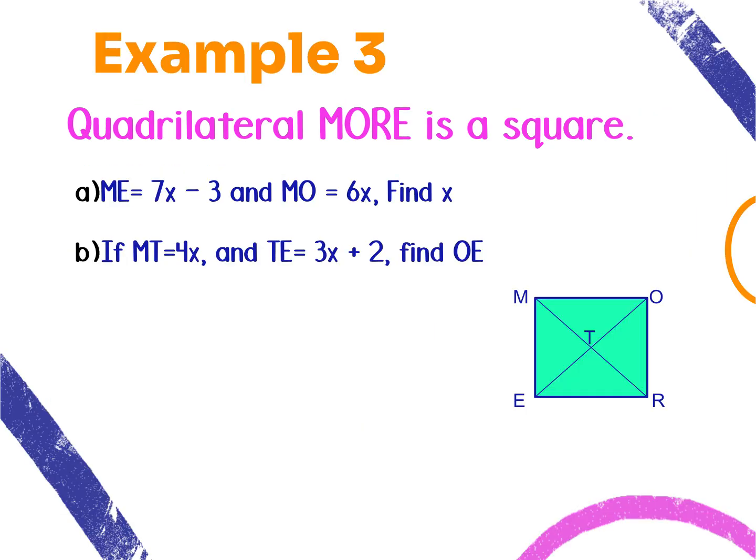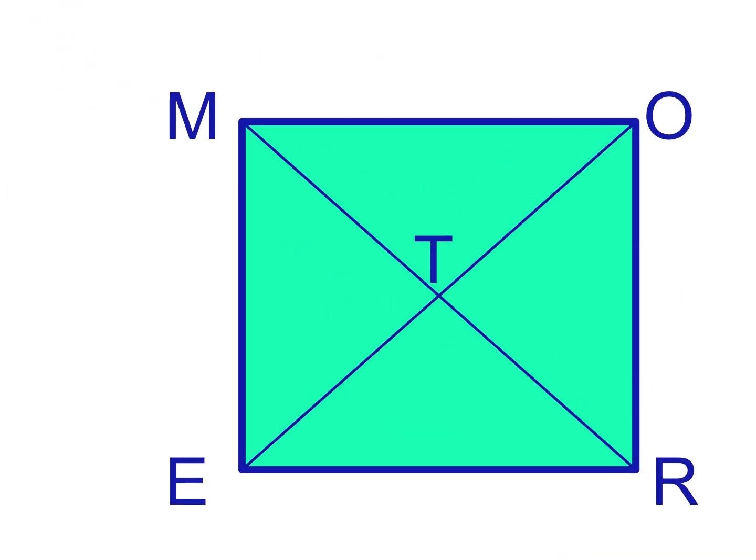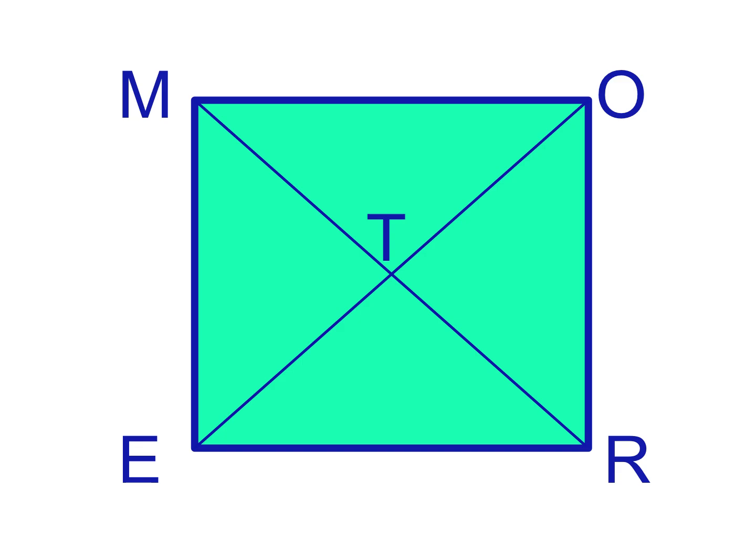All right, looking at the last example, the quadrilateral is a square. I don't think I need to write the properties for my squares because I feel like we should know them. Squares are pretty easy. Let me go ahead and draw them on here, just so we know, all of my sides are congruent. All of my angles are congruent.